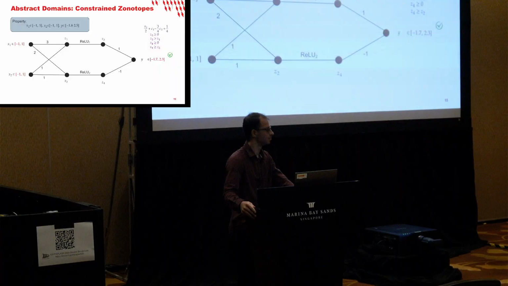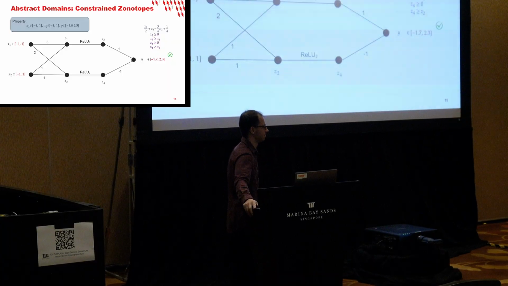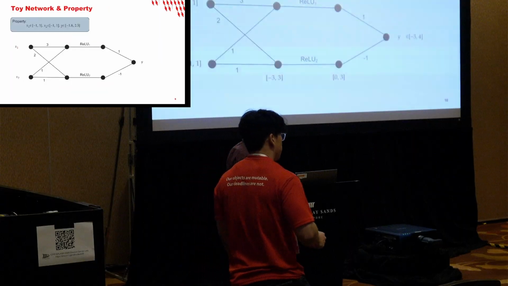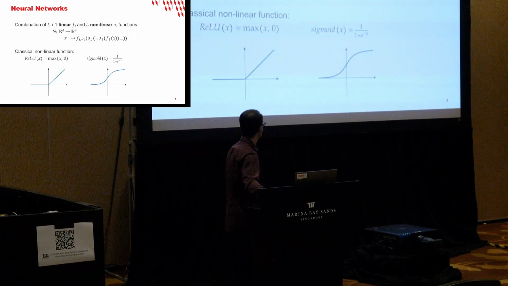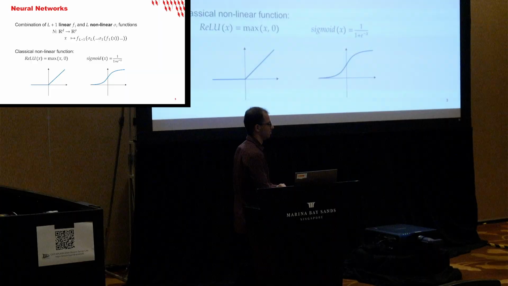Any other questions? I do have a simple one. At the beginning, you said that there are n plus 1 linear functions and n non-linear functions. What's the typical size of n?